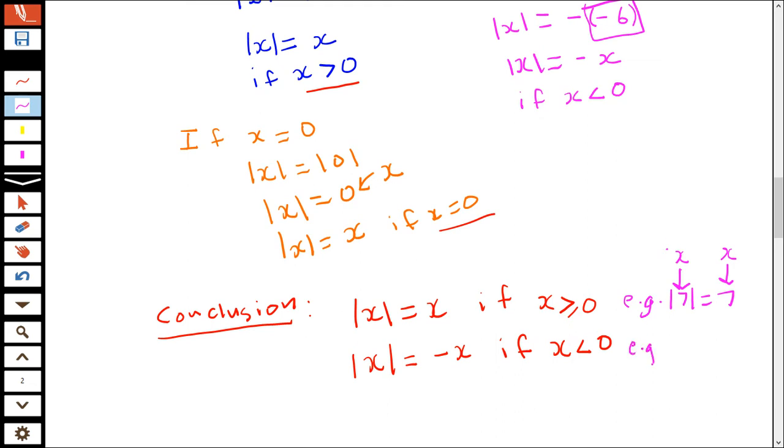If I did the second one, absolute value of -7 equals, I could write it as 7, which is just, well, if the -7 is my x, what's the 7? Well, that's just -x, isn't it? Because -(-7) is just 7. Okay, so there's my formal definition.